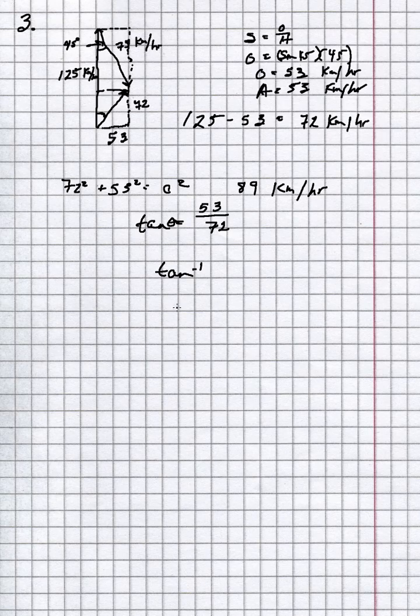And that gives us a theta of 36 degrees. So now this plane is traveling at 89 kilometers per hour at a heading of 36 degrees east of north.